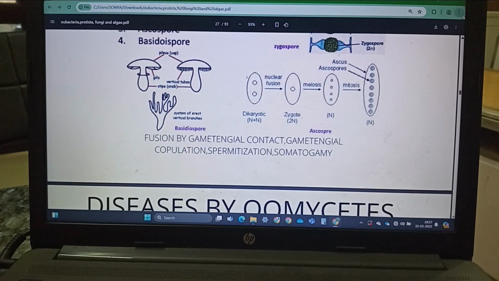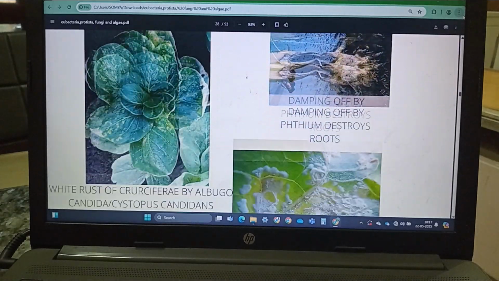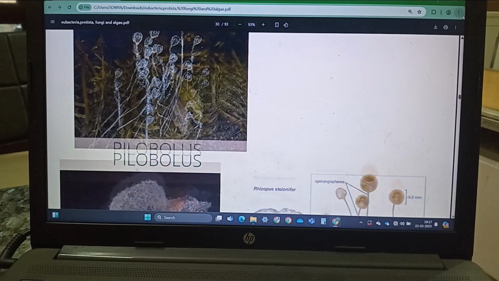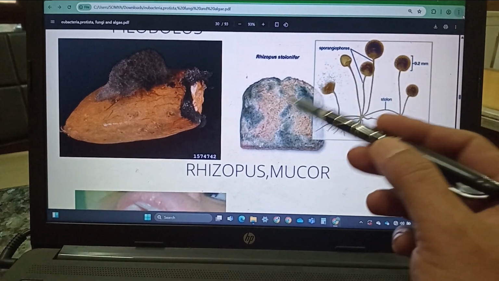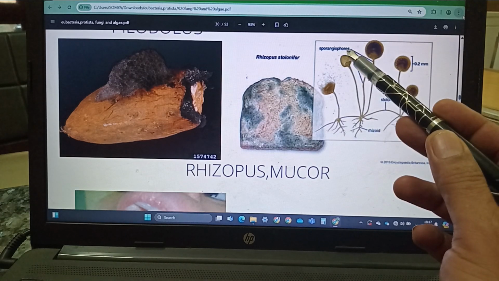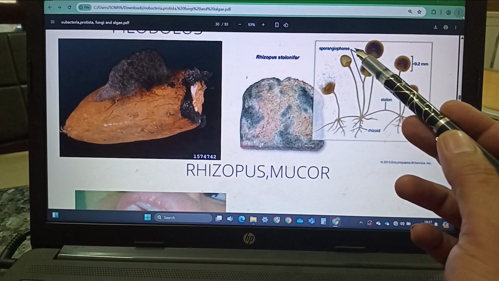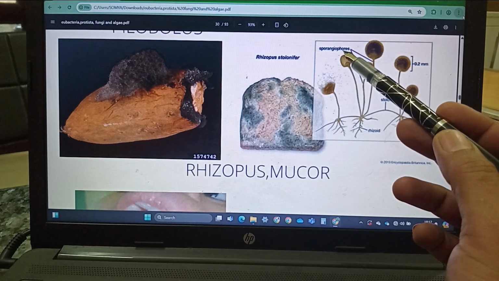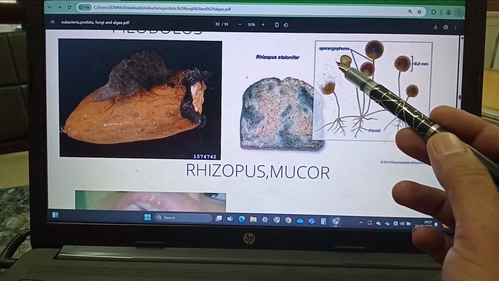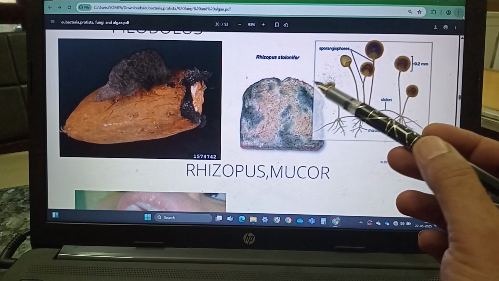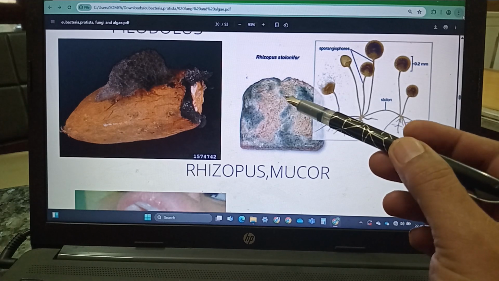The asexual reproduction takes place with the formation of sporangiospores. In Rhizopus and Mucor, the asexual reproduction takes place with the sporangiospores. These are zoospores in the case of the Oomycetes, or they can be aplanospores as in the Zygomycetes.